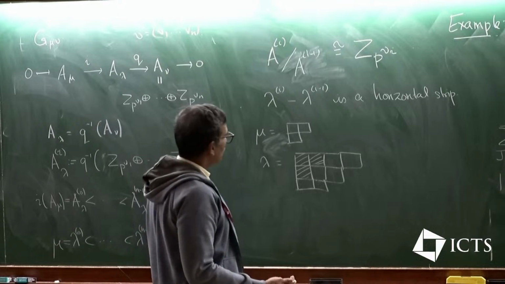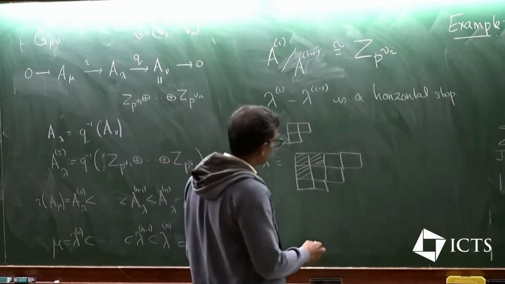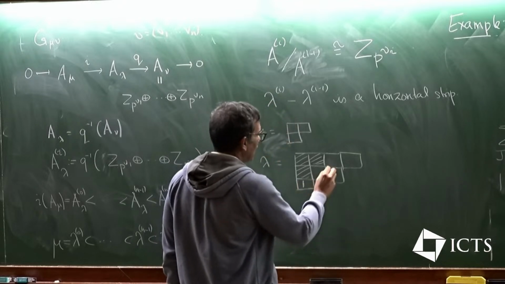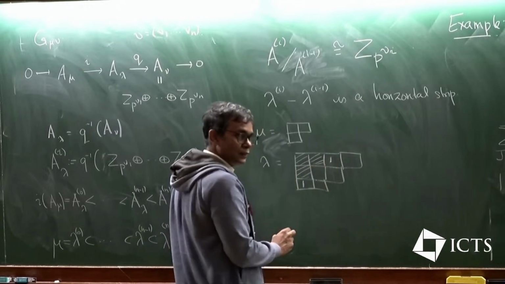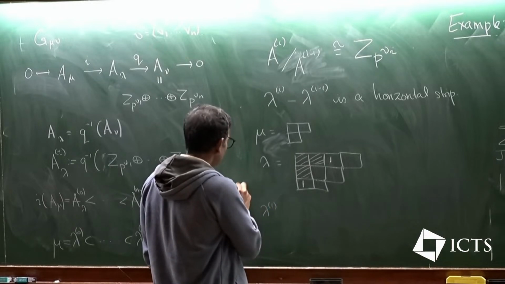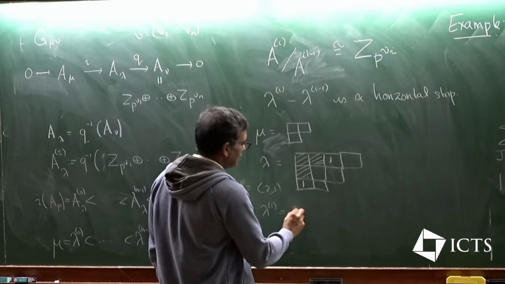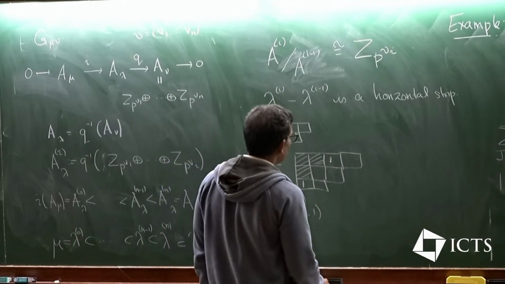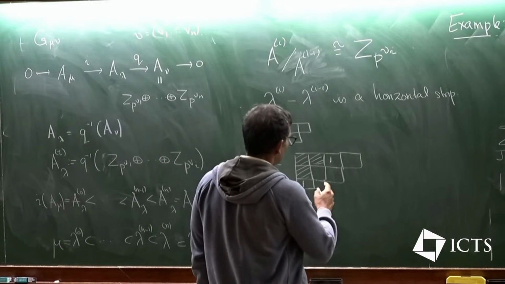So maybe lambda 1 is obtained by adding these two cells. That's certainly a horizontal strip. I'll put ones in those cells. So lambda 0 is of course just 2 1, lambda 1 is 3 1 1. And then let's say lambda 2 is obtained from lambda 1 by adding another horizontal strip.